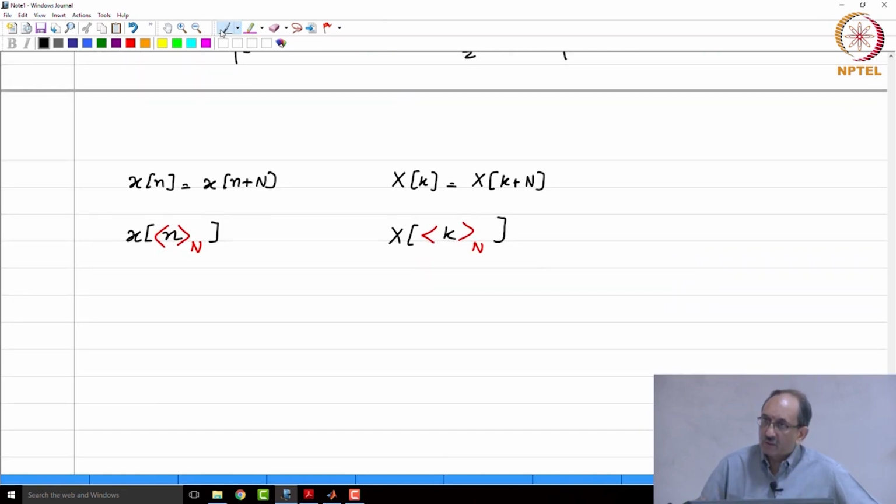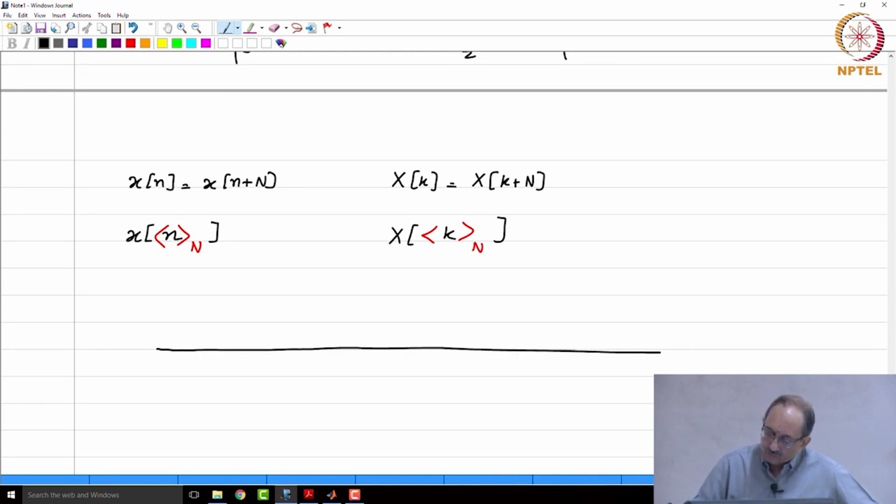And the moment you understand what is happening here, if you want to convert the DFT frequency to true frequency, first of all you need the sampling frequency information. When you sample in the time domain, you periodically repeat in the frequency domain.